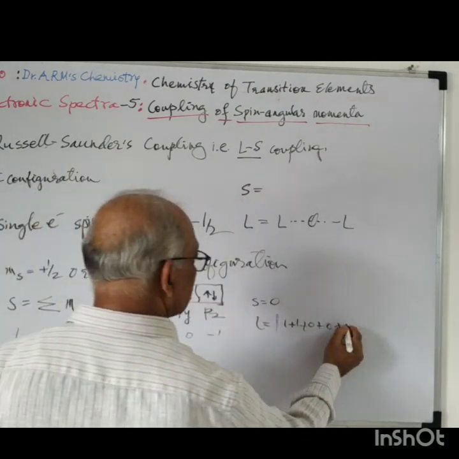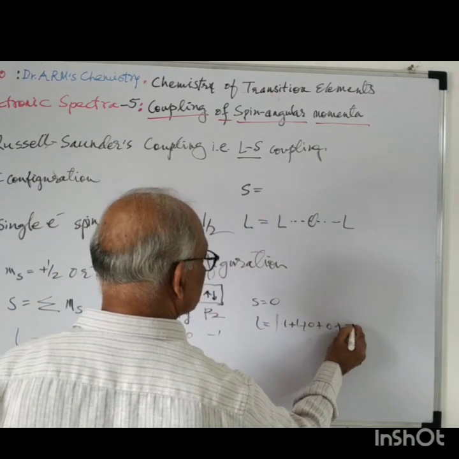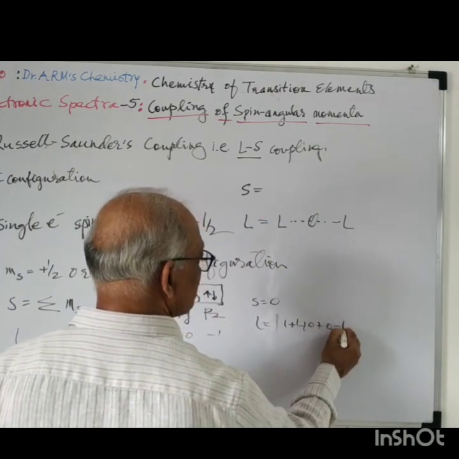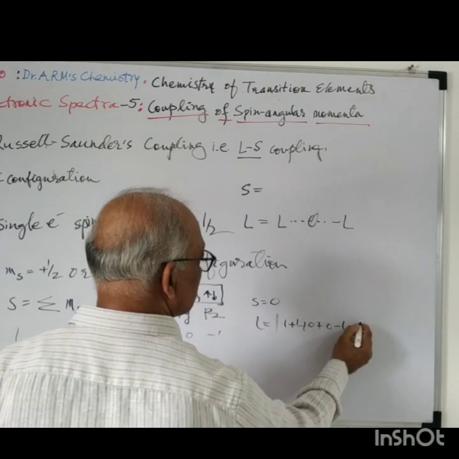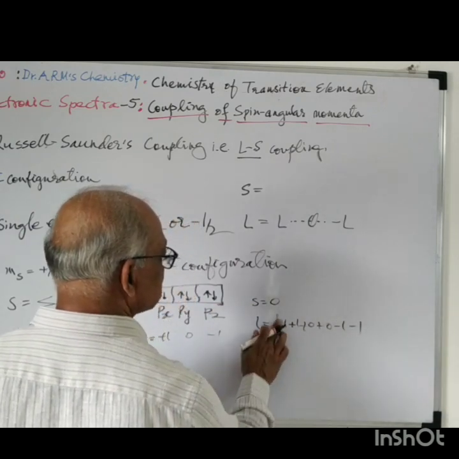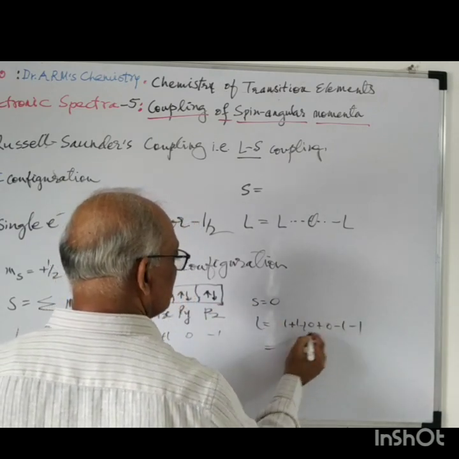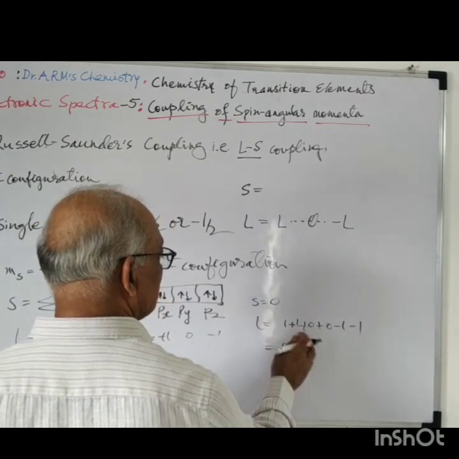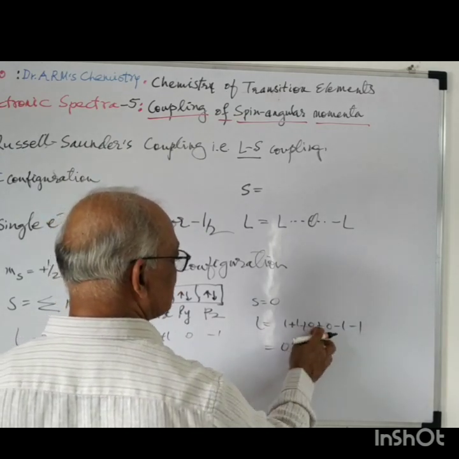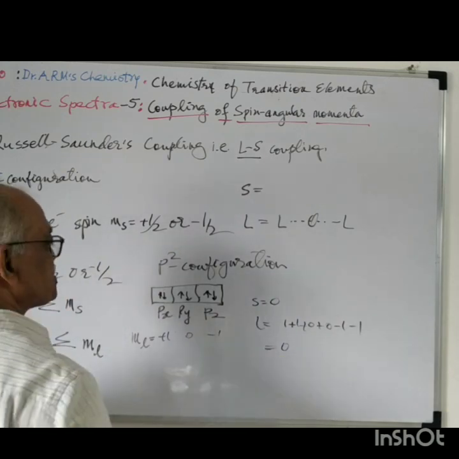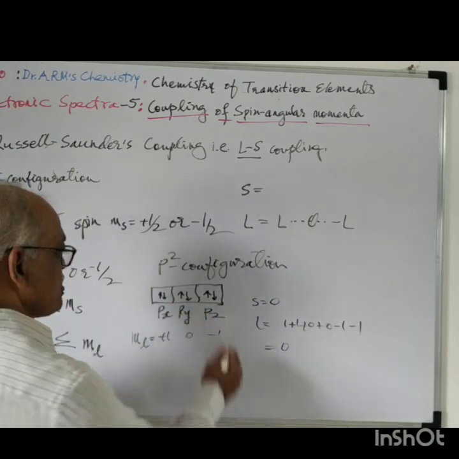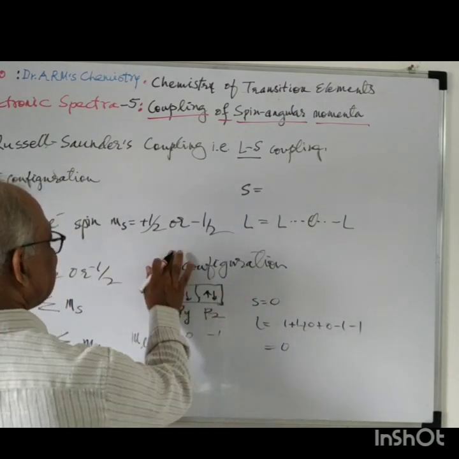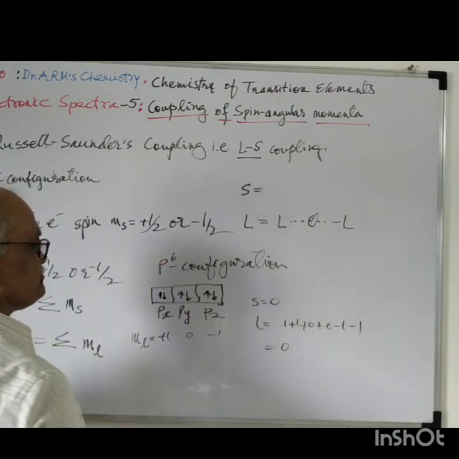For this -1, and for the second -1. So this will give us total 0. This +1, +1 is cancelled by this -1, -1, and 0, 0. So L becomes also 0 for such type of configuration. That is p6, for example.